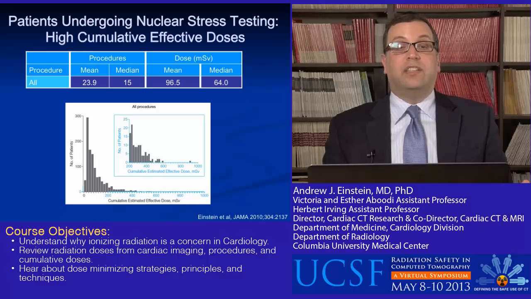Moreover, as we'll discuss further, some of our patients receive even higher doses in terms of their cumulative exposure. In a cohort of patients from my own institution, looking at over 1,000 patients, we found that a typical patient undergoing nuclear stress testing over nearly a 20-year period underwent a mean of 24 procedures involving ionizing radiation with high radiation doses.